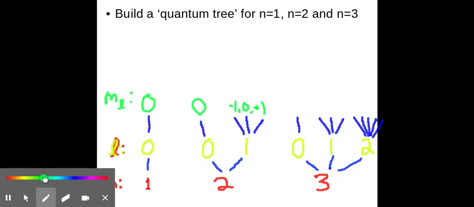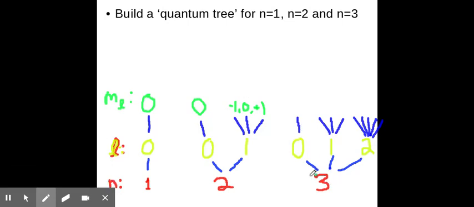Let's get our green back here. So this energy level 3, if it happens to be shape 0, it only has the 0 orientation. If it's energy level 3, it could also have a shape 1, which happens to have 3 different orientations, -1, 0, and +1.